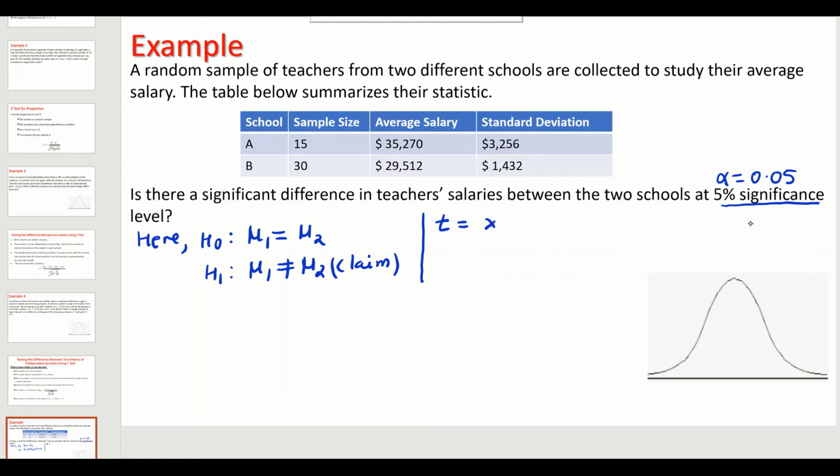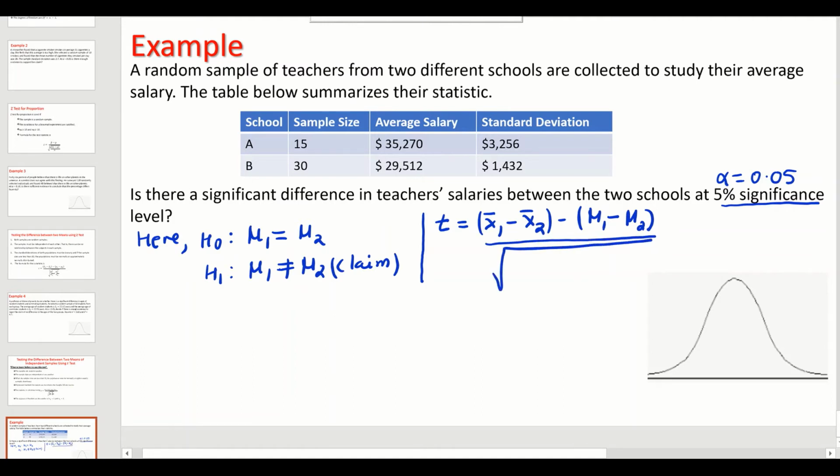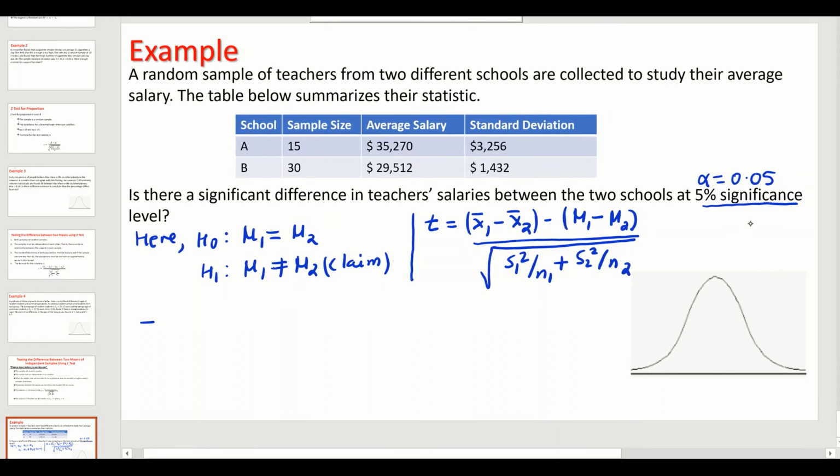And to calculate that t, it is the mean of the first sample minus the mean of the second sample, minus the population mean of the first population minus the population mean for the second population, divided by the square root of S1 squared over N1 plus S2 squared over N2. Let me calculate that here.